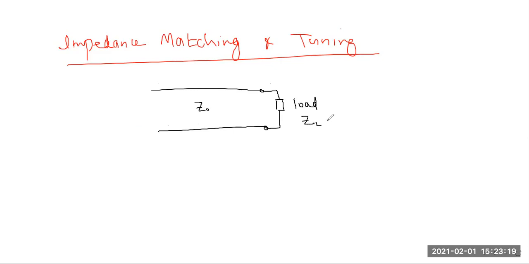And the problem is that your system or your transmission line, represented by Z naught, and your load, represented by its impedance, are not equal. So ZL is not equal to Z naught. We call this problem a mismatch, or let me call it appropriately the impedance mismatching problem.